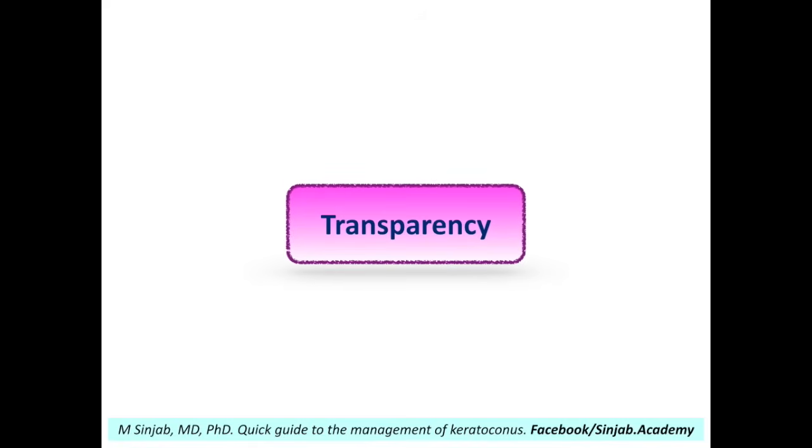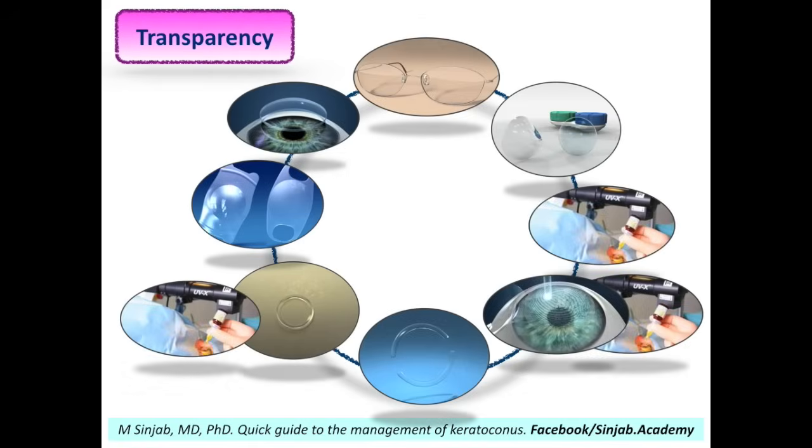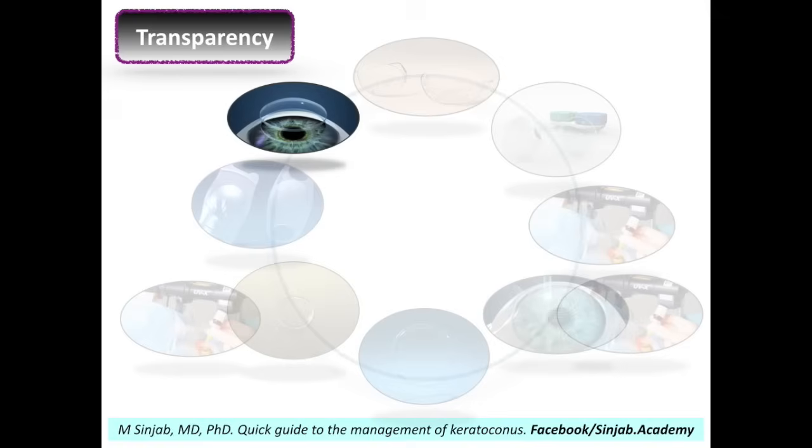Starting with transparency. When the cornea is transparent, all options can be available. We can do any of these options. While when the cornea is not transparent because of scars, the only option, almost the only option we have is corneal grafting.